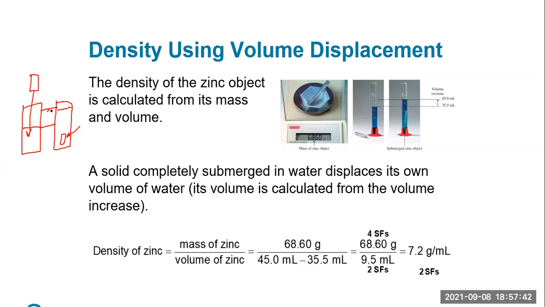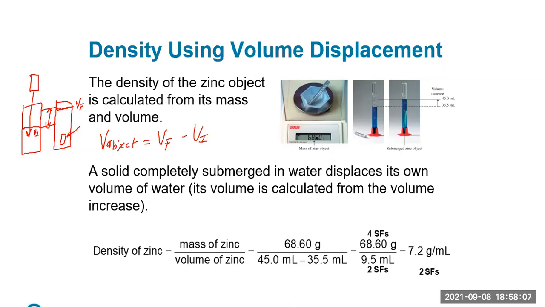So if we take the difference between our initial volume and our final volume, that will give us the volume of the object. The volume of the object would be the final volume minus the initial volume. And that again is a very common way to calculate the volume in a density problem.